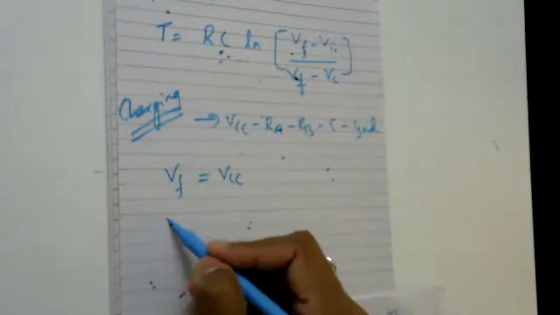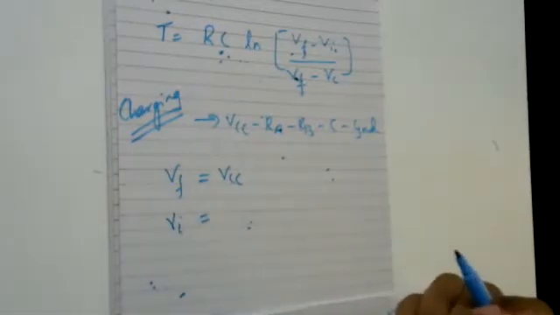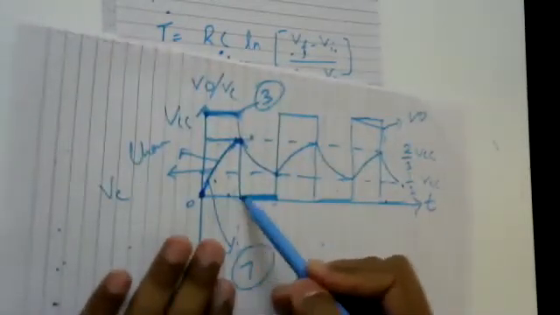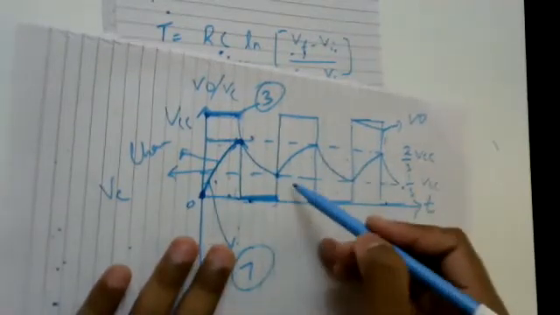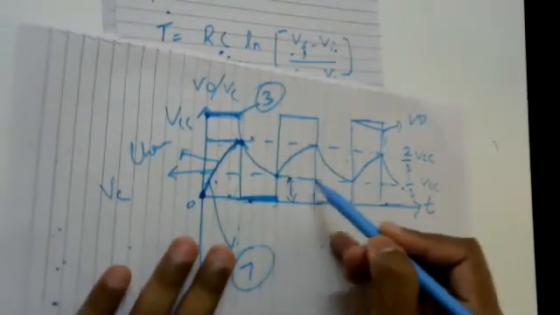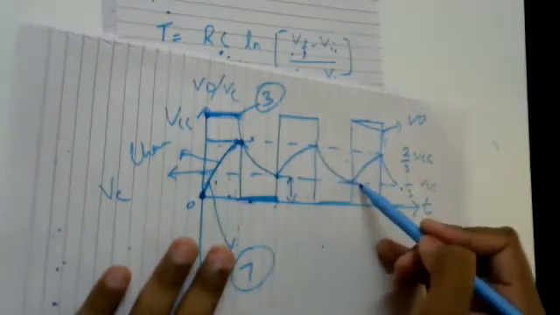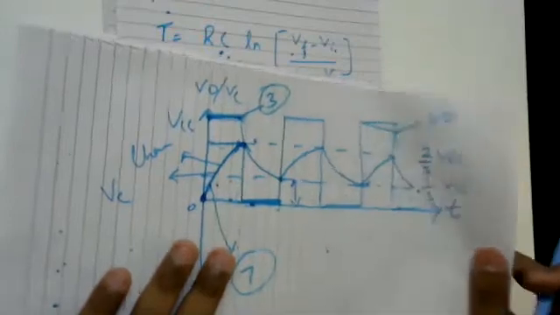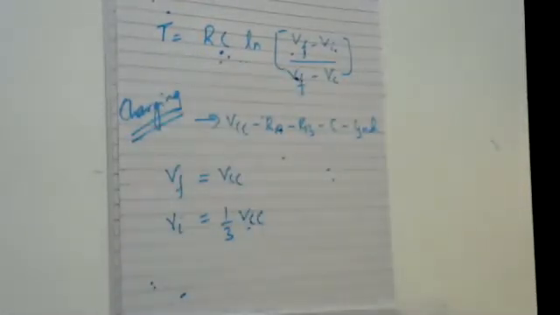Then what is the initial voltage? Forget about the first cycle. From the second cycle, third cycle, if you observe, a minimum of 1/3 times that of VCC is maintained. So it is discharging only to a level of 1 by 3 times VCC. So the initial voltage is 1 by 3 times that of VCC.